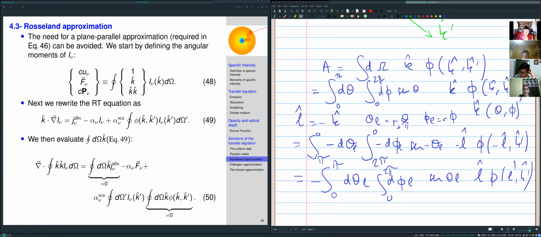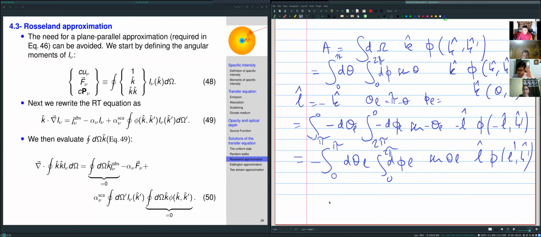This is pi minus theta. Can you help me out with this one maybe? I think phi will remain the same. Only theta will change the sign. Let me see if I have to check.